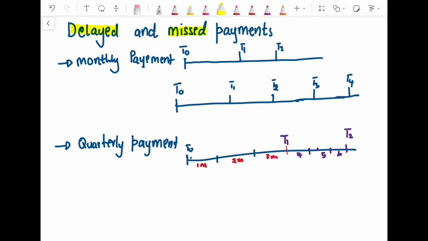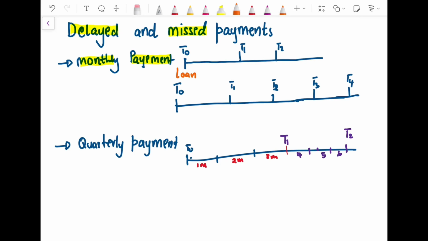Delayed and missed payments. So let me start with delayed payments. Now, if you are taking out a loan, and the agreement is to make monthly payments, so every month you must make a payment. So if you are taking a loan here at T0, the loan is taken out.